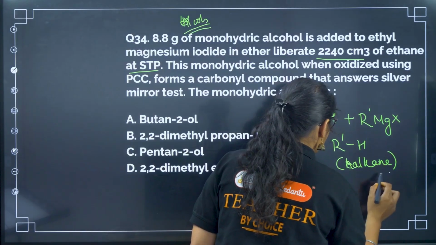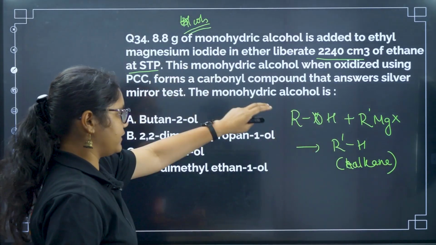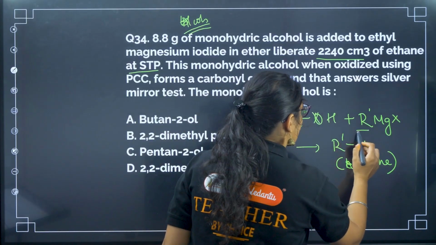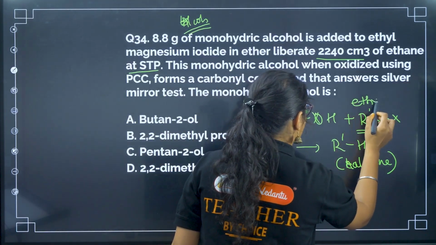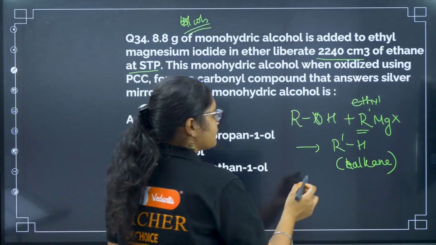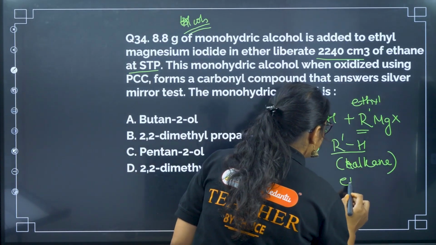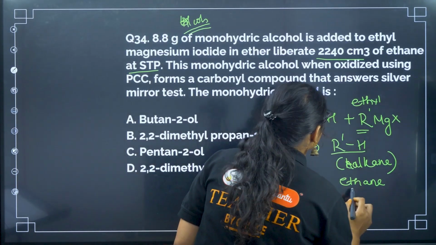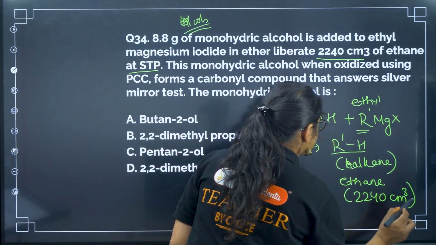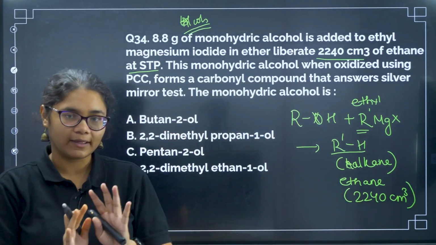One alcohol was reacted with ethyl magnesium iodide, so here R dash is ethyl, and R dash H will be ethane. This ethane is 2240 cm cube or 2240 ml.